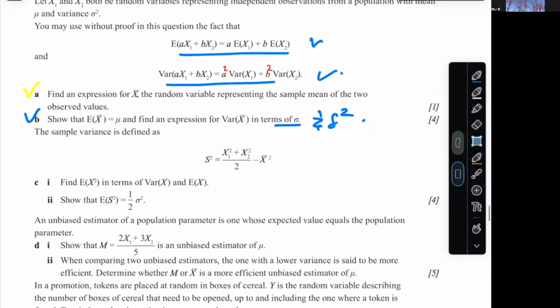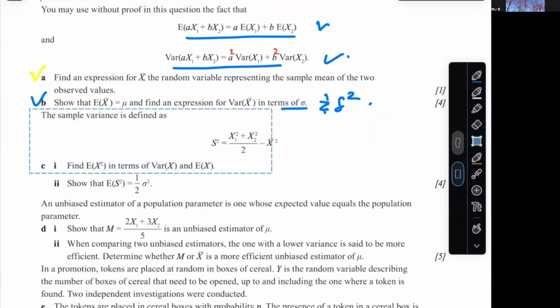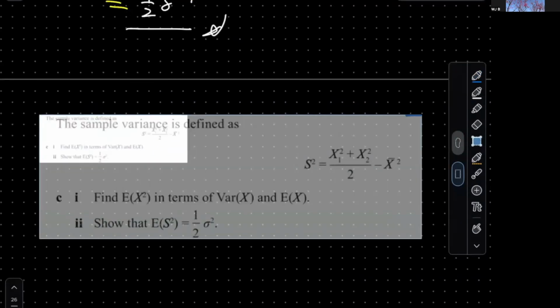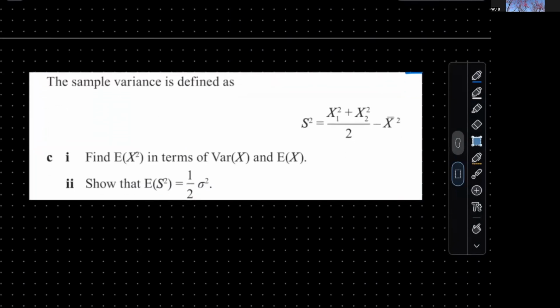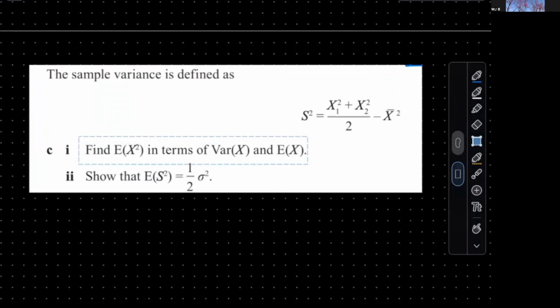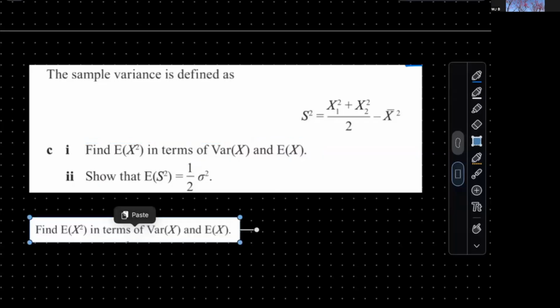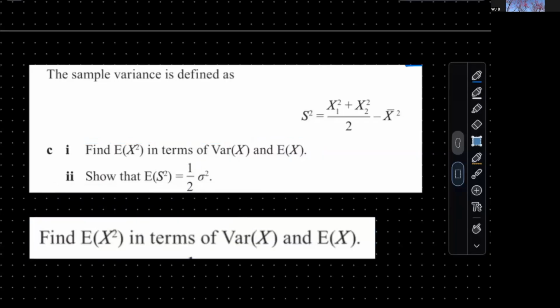Okay, then let's have a look at the sample variance, which is defined as the following. And how would you express the expected value of x squared using the variance and expected value? This one is really checking whether you know the formula or not. Do you guys remember the formula of the variance using the expected value?